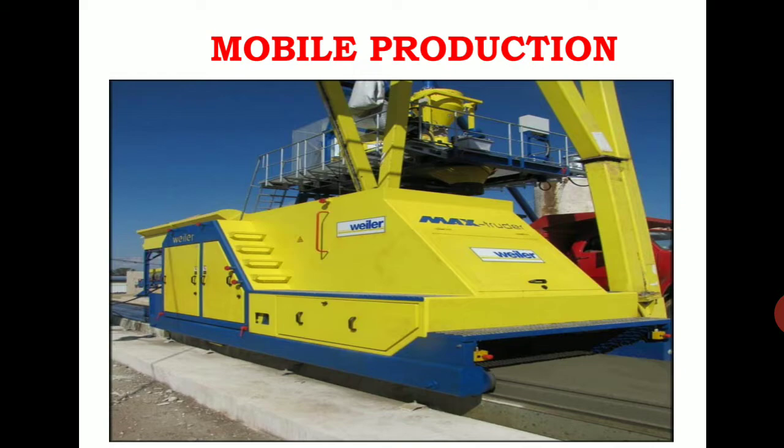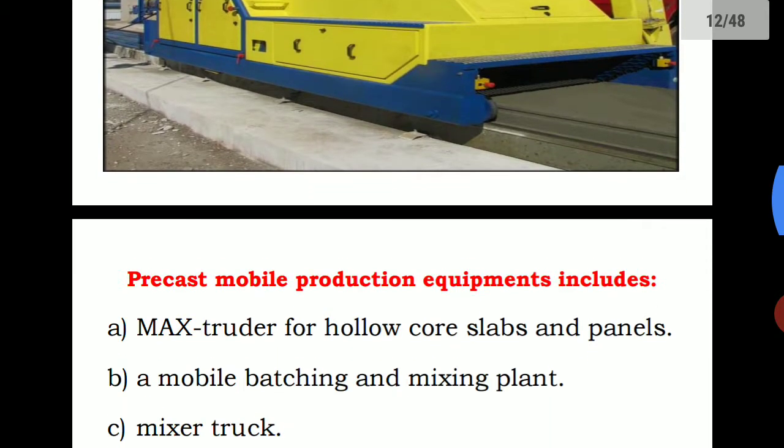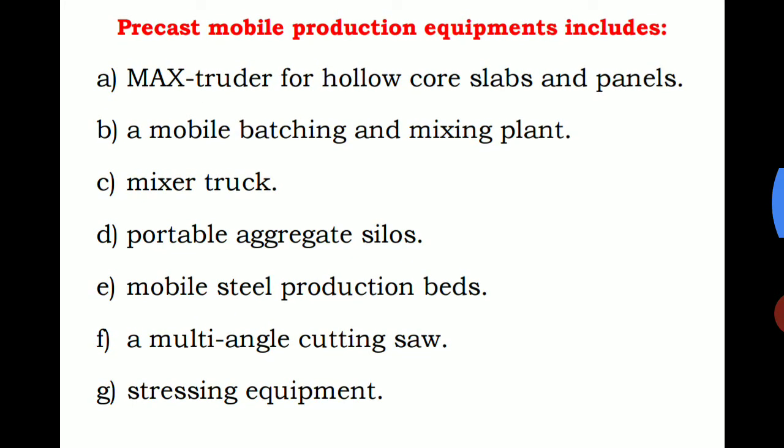Okay. This particular mobile production involves portable equipment, and even the casting of elements can be done at the required construction site. Even the precast mobile production equipment includes various parts, that is the max extruder for hollow core slabs and panels. The max extruder is a mobile equipment.